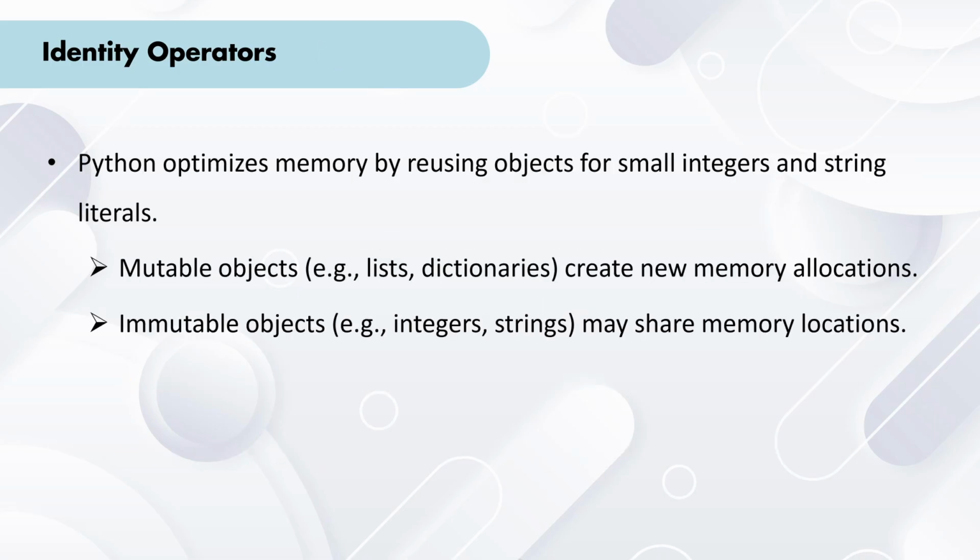Python optimizes memory usage by reusing small integers and string literals instead of creating new objects. This is why 10 is 10 returns true. However, for mutable objects like lists or dictionaries, new memory is allocated each time a new object is created, even if the values are identical.